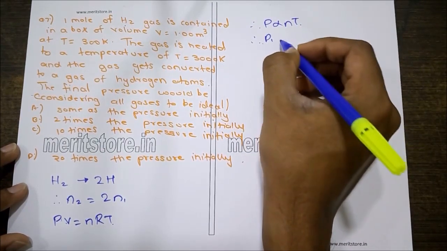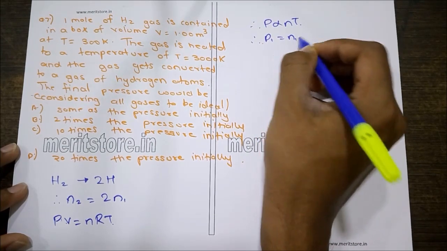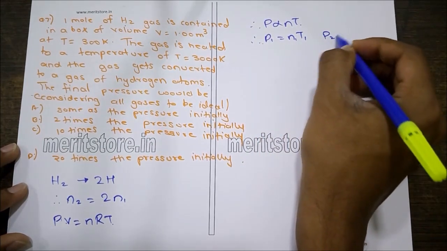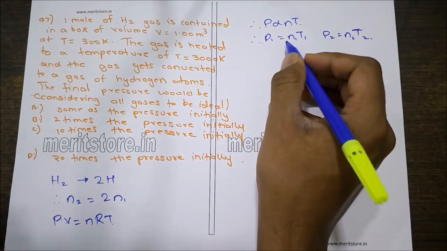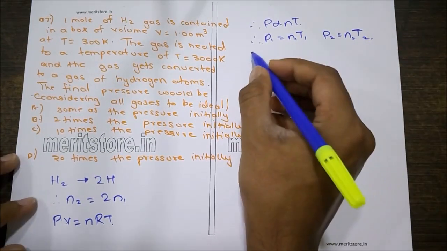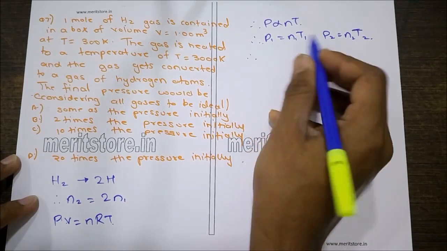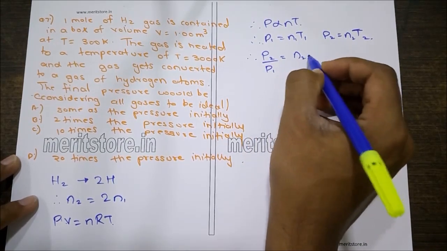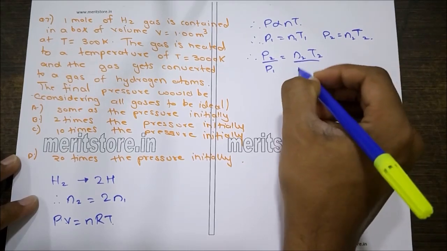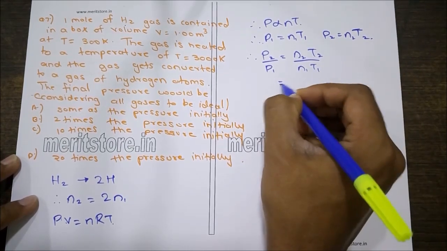Therefore, P1 is equal to N1 T1 and P2 is equal to N2 T2. This is for the first case and the second case. Dividing these two, P2 upon P1 is equal to N2 T2 upon N1 T1.